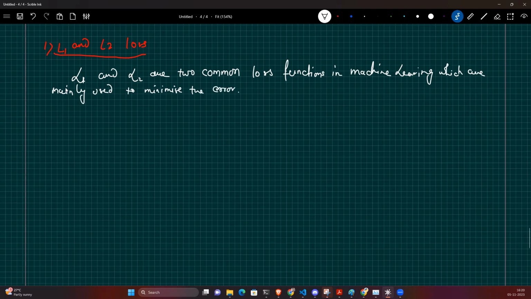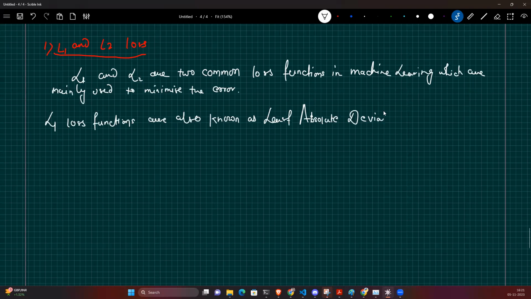The L1 loss function is also known as least absolute deviation, in short LAD.